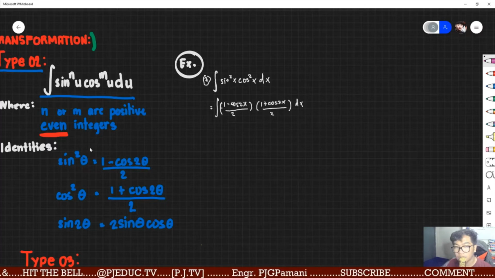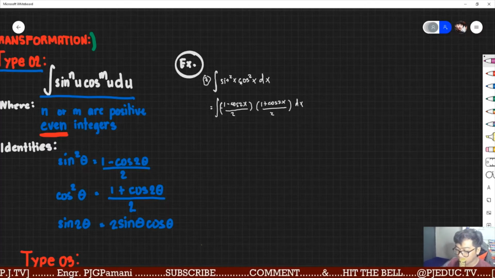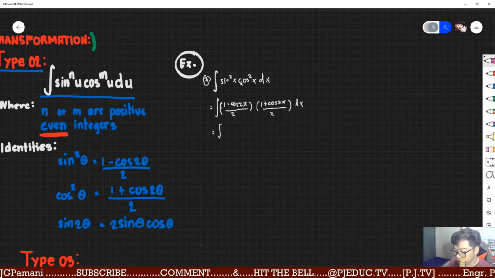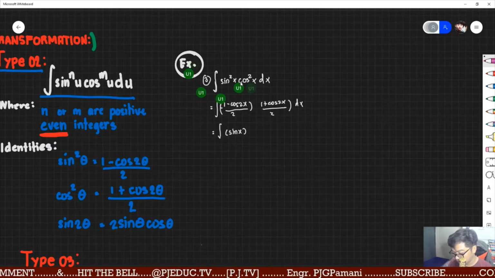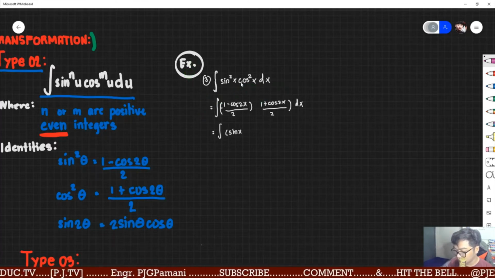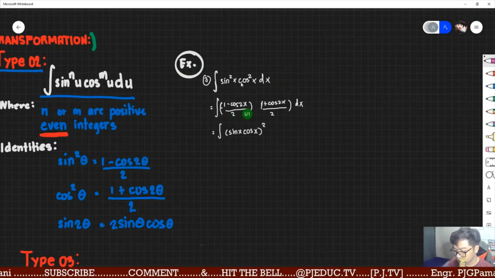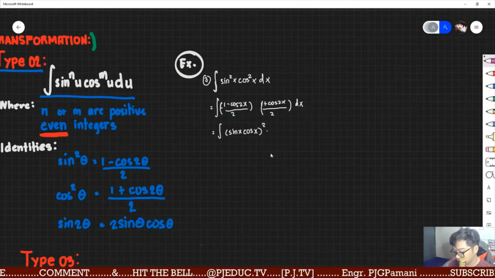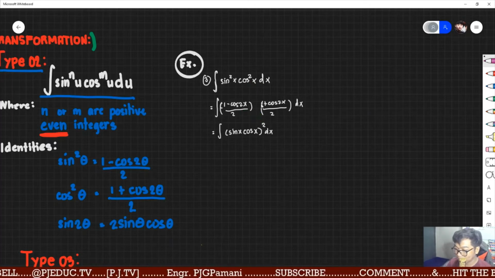But we also know that sine squared x times cosine squared x can also be expressed as (sine x times cosine x) squared dx. Ganun din lang, di ba? From our original form, it's just the same.